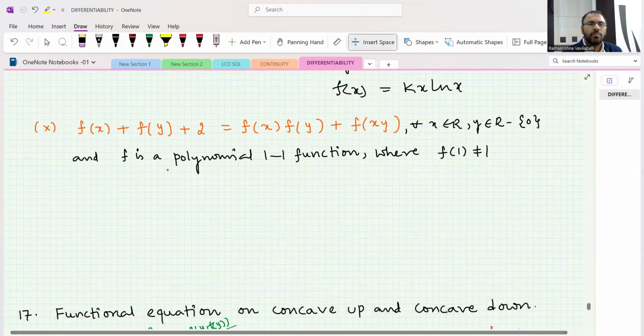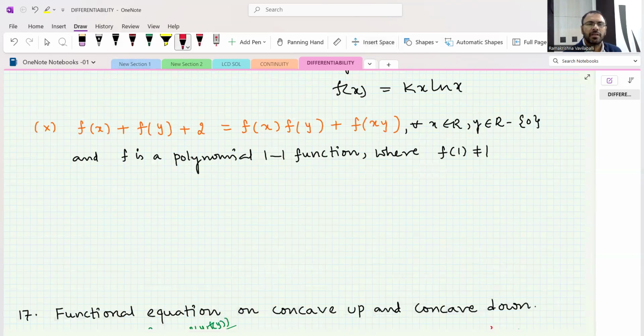I hope this is the question, but here, put x equal to y equal to 1. Then you will get that f of 1 is equal to 2. Now put y equal to 1 by x.